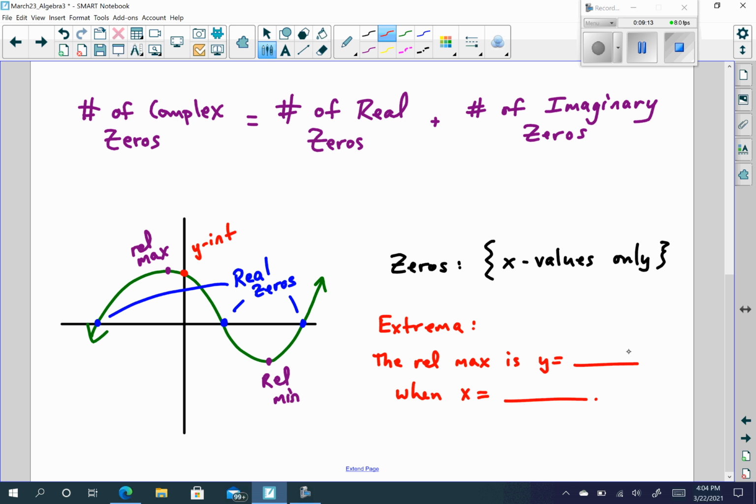So we take apart our ordered pair. The y value is first. That's always the max or the min, and they always occur when x is equal to whatever value we're getting. So likewise, for a min, we would say the relative min is y equals, again, whatever number when x is equal to whatever number there.